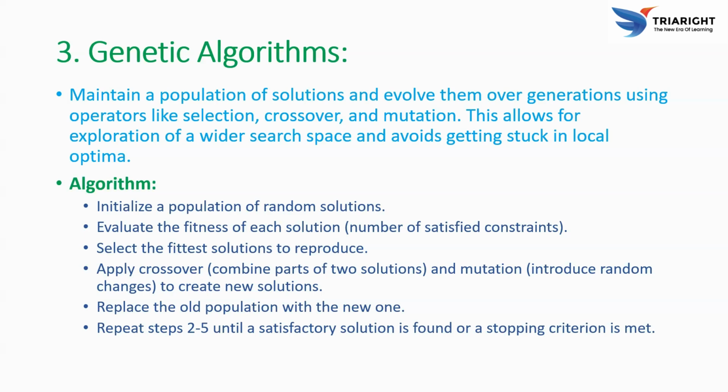So, how it works: in the initialization step, it creates an initial population of candidate solutions, where each individual represents a possible assignment of values to the variables in the CSP. These are generally obtained randomly.